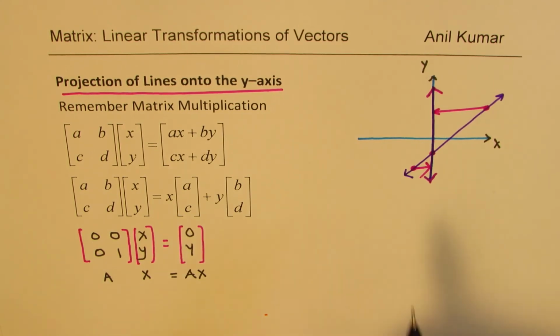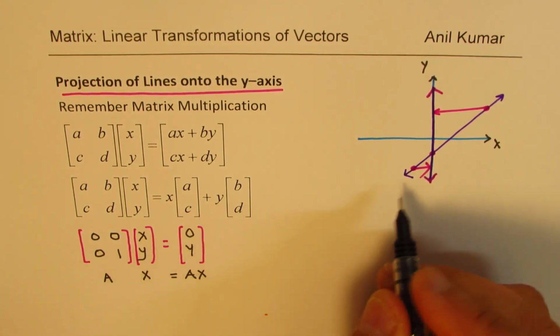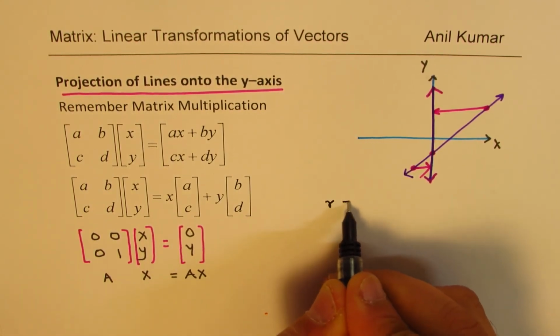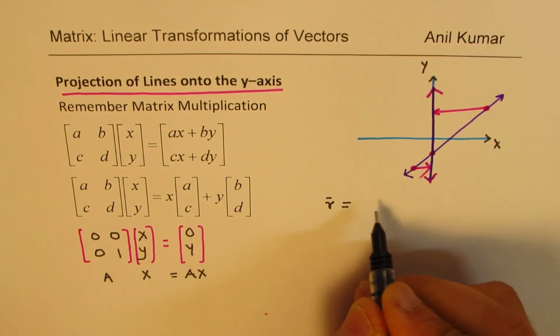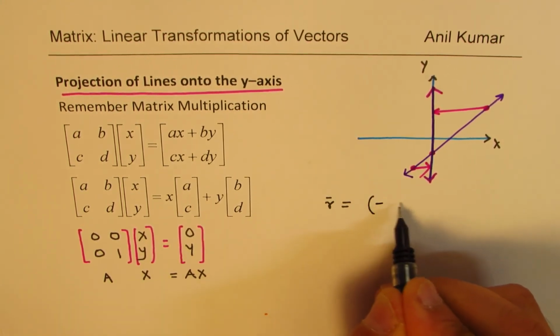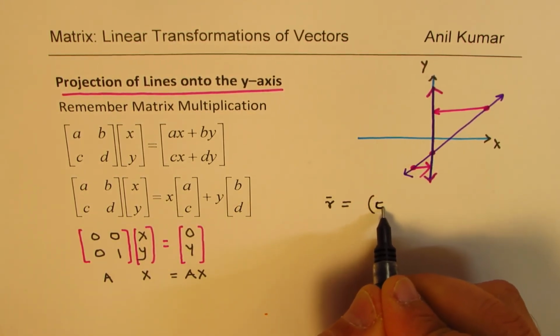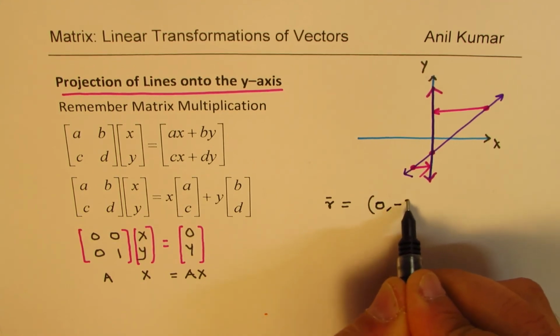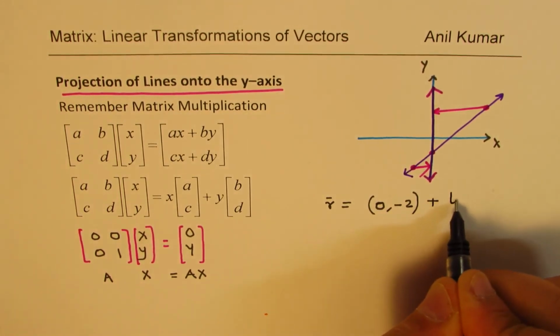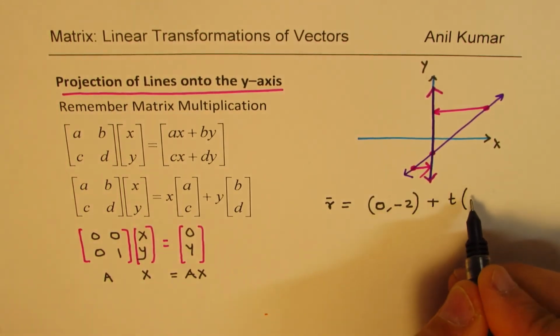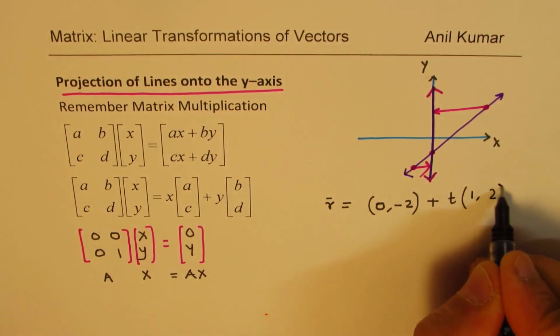Is that clear? So, as we can take one particular equation, for example, the equation of a line, let's say, has got a point here as, let's take this point as, let's say, 0, minus 2, right? Plus t times, let's say, is going up by 1 and 2. Okay.